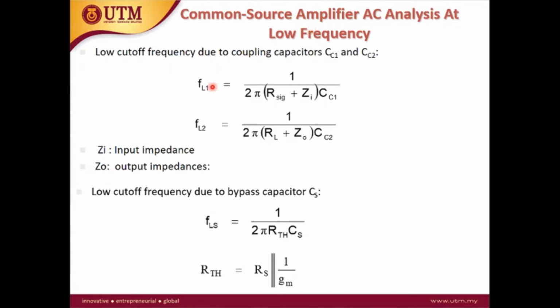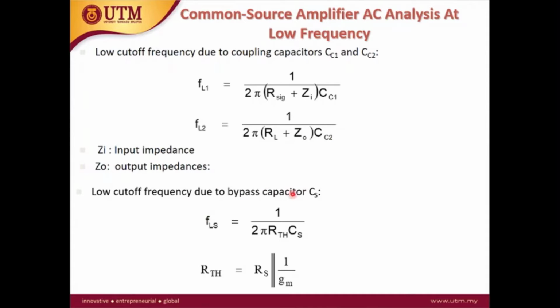appears. So FLC1 is equal to 1 over 2 pi times R signal plus the input impedance times the value of C1. FLC2, due to the output coupling capacitor, is 1 over 2 pi times the load plus the output impedance times the value of the output coupling capacitor.